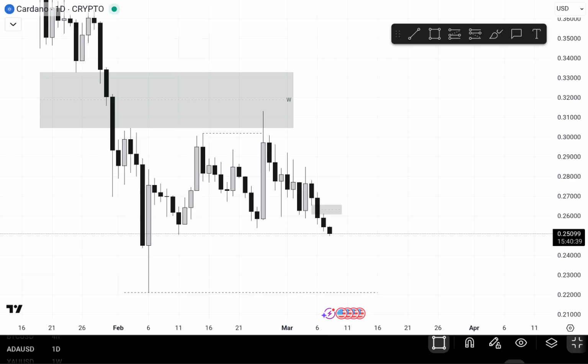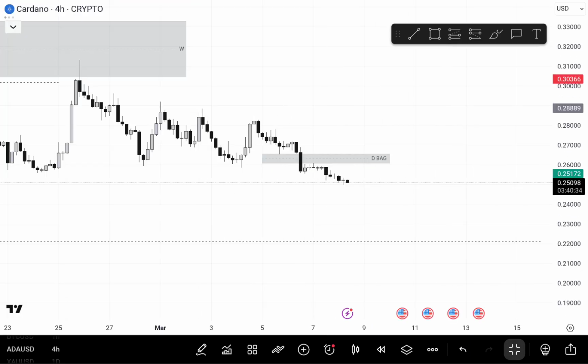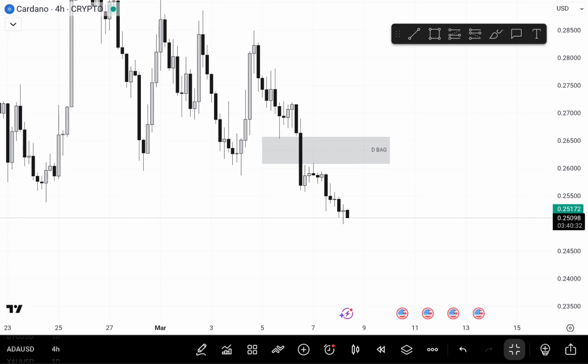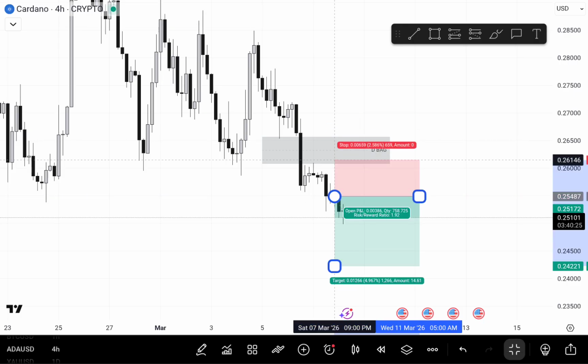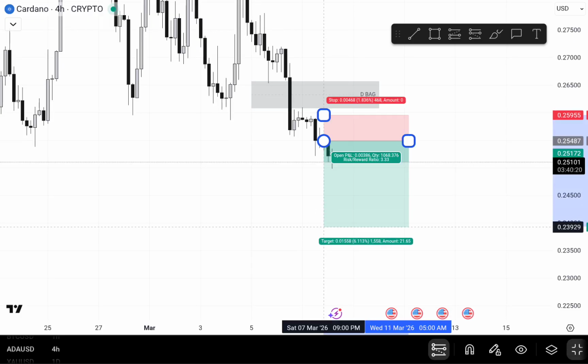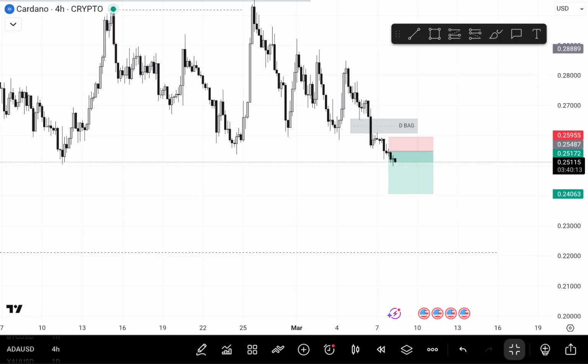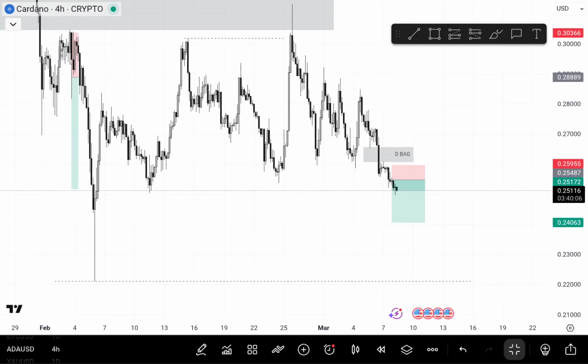It is easy for me to put my entry here, and then my stop loss here, and then target simple 3 hour. This would have been a very nice trade, but I didn't take it because I was already in a BTC trade.